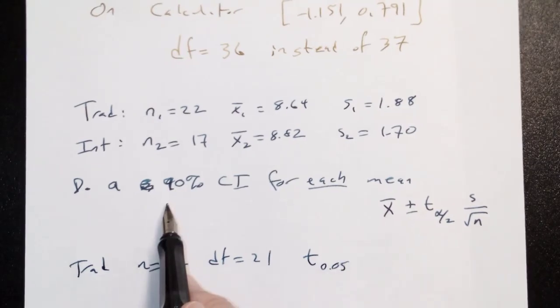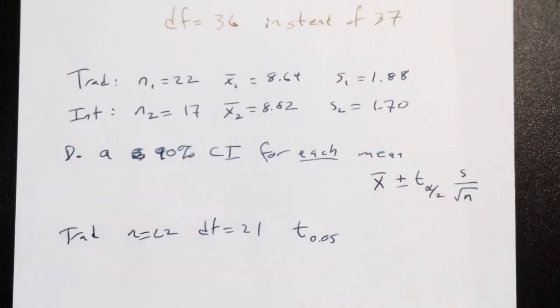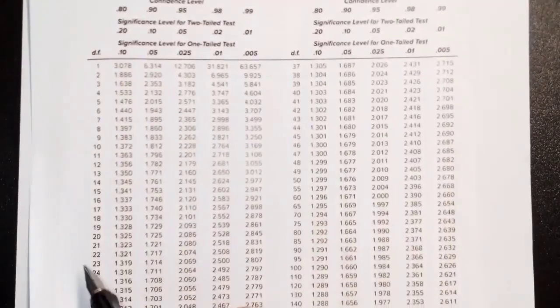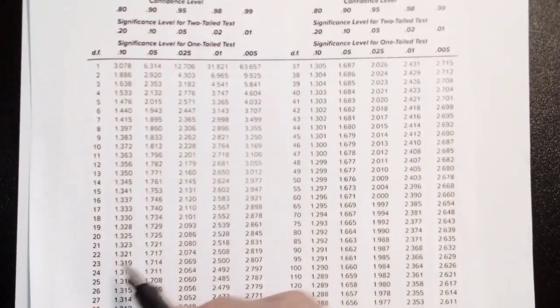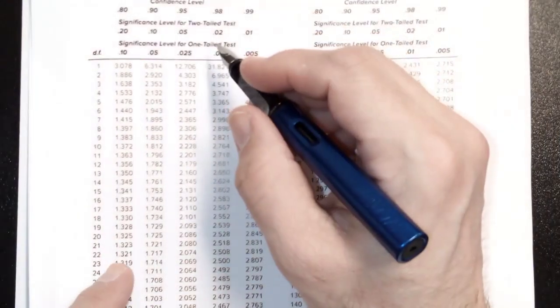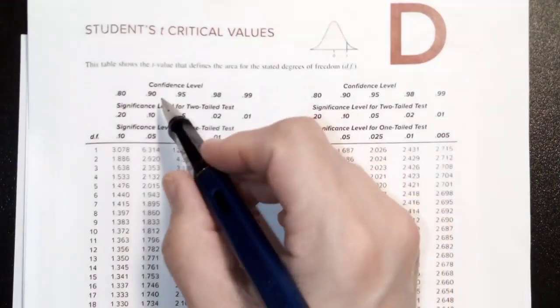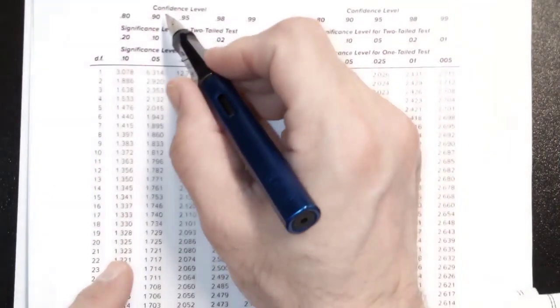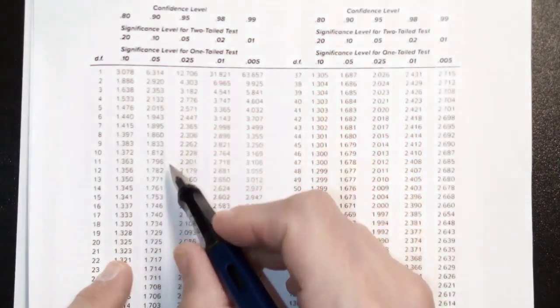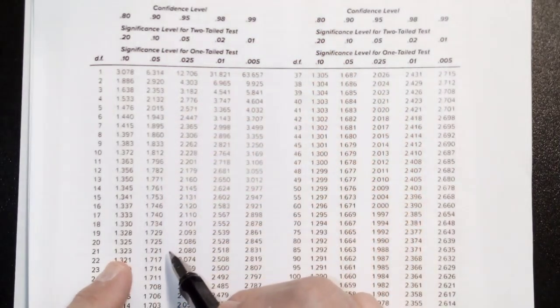Alpha is 0.1. Half of that is 0.05. DF is 21. 90% confidence. 21, 1.721.